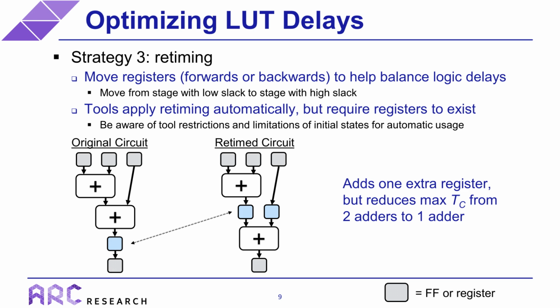The figure illustrates one example of this, where in the original circuit, we have 2 adders with no registers in between them, but with 2 registers on the output. Now, retiming can take the output register, shown in blue, and move it backwards onto both inputs of the second adder. This now reduces the maximum cell delay from 2 adders to 1 adder at the cost of 1 extra register.